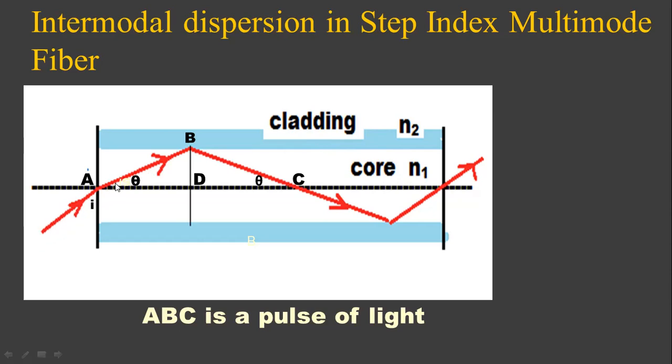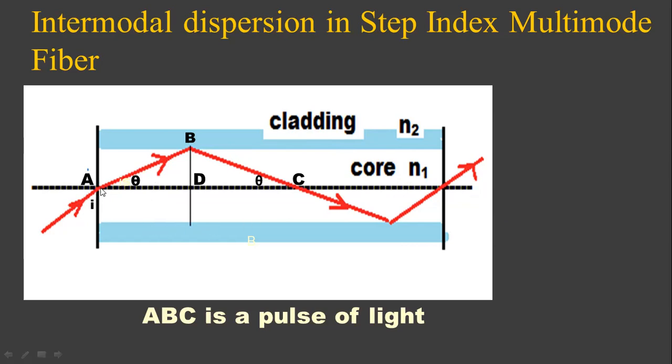This red path indicates the propagation of the light signal or light ray inside the optical fiber. This I is the angle of incidence at this point E, and this dotted line indicates the axis of the optical fiber.